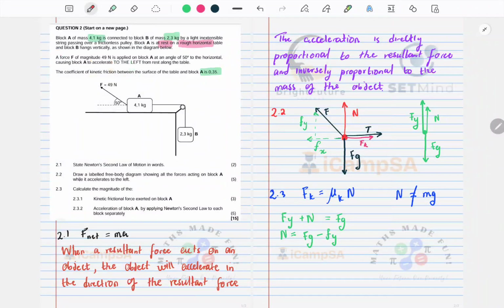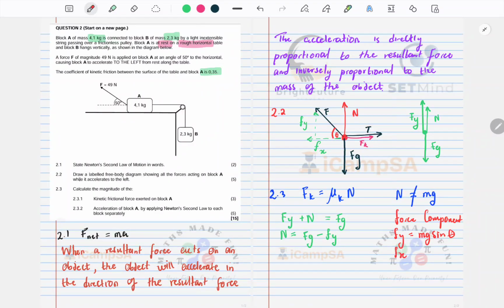So remember, we must know that we've got components here. This is theta, and then this is opposite. We're going to have components. This is sine. So Fy, remember, force components, right? So we've got Fy being equal to what? It's going to be mg sine theta.